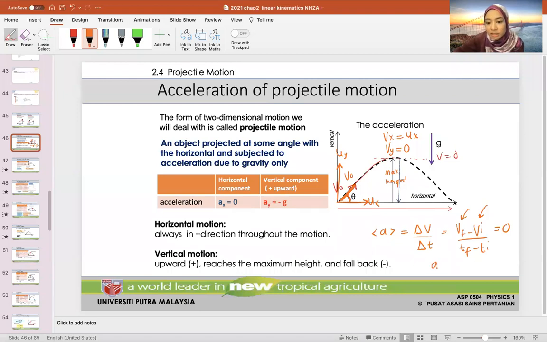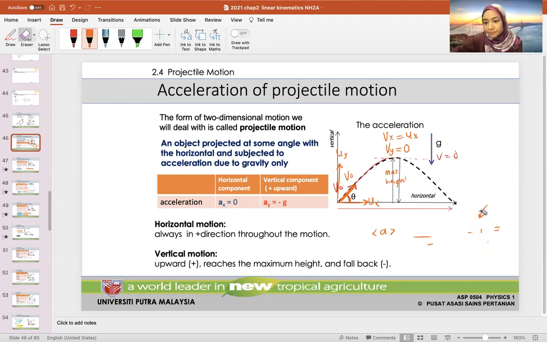Therefore, your acceleration in the X is equal to 0. Or vice versa. So here we already know that the acceleration in the X is 0, therefore the velocity does not change. Or if the velocity does not change, therefore acceleration equals 0. Okay, so that is something that you need to relate back to the initial parts of this chapter.